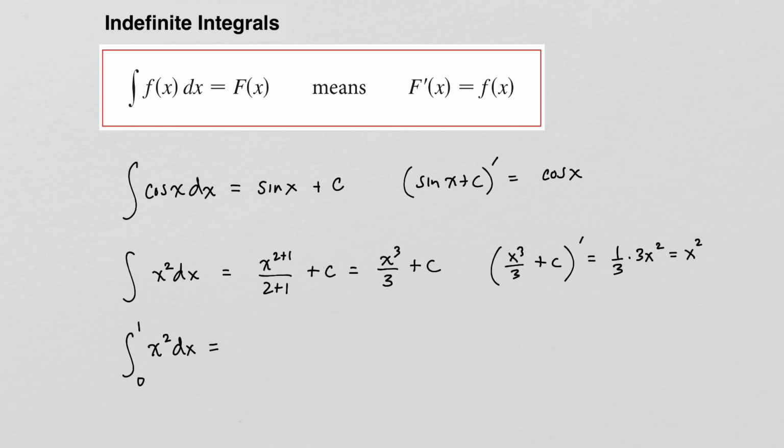And the way we calculate this is by finding the antiderivative, in this case, x to the third power over 3, and then evaluating it from 0 to 1 using the fundamental theorem of calculus. And this would give us an answer of 1/3. So because we use antiderivatives in the fundamental theorem of calculus, it only makes sense for an indefinite integral to mean antiderivative.